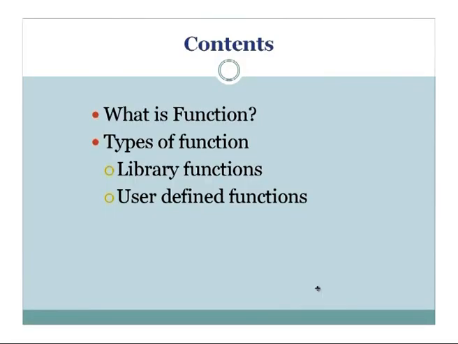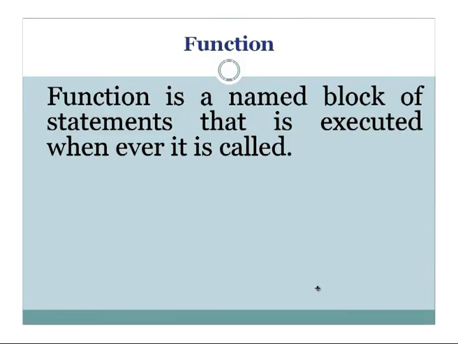In today's discussion, we will study what a function is, and we will discuss different types of functions. A function is simply defined as a named block of statements that is executed whenever it is called.